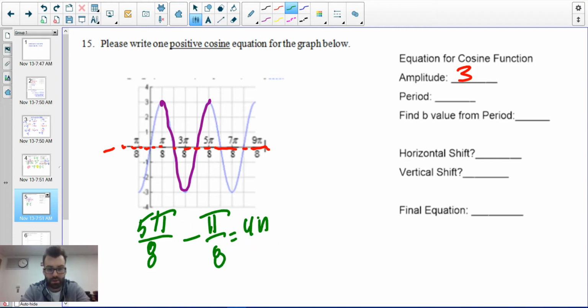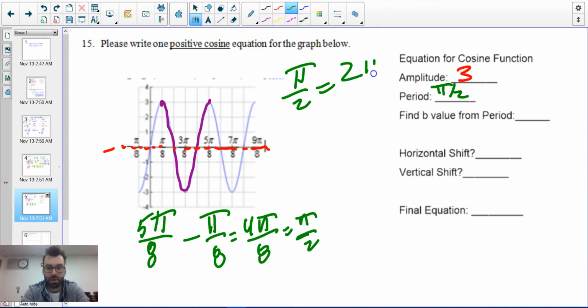So the period is still 4 pi over 8, which is still pi over 2. In my work from the last one, pi over 2 equals 2 pi over b, and b ended up being 4.